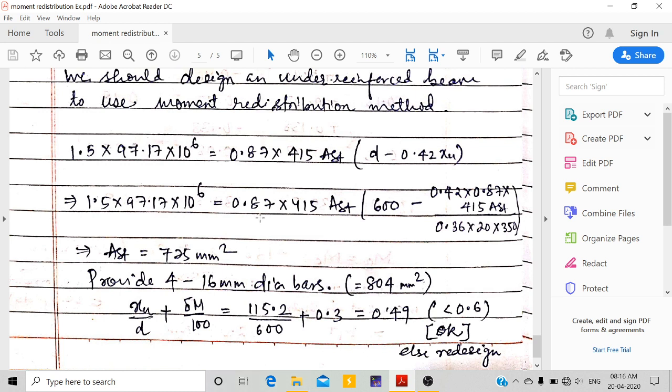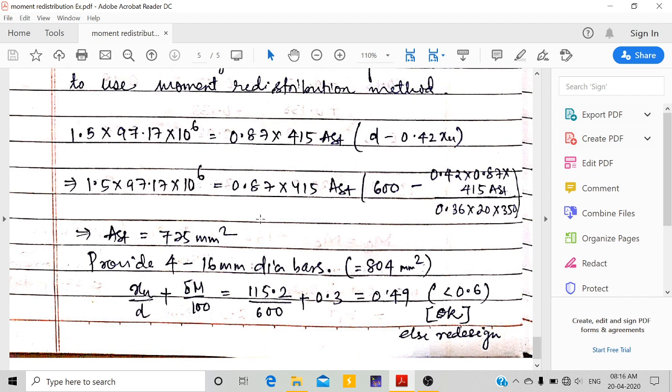Now, in IS 456, we should check whether 30% redistribution is allowed or not, otherwise we have to reduce the redistribution. Maximum is 30%. To check this, this is the equation: this value should be less than 0.6. That means XU by D, where XU is 0.87 into 415 into area of steel, which is 804 because we have provided this, by 0.36 into 20 into 350.